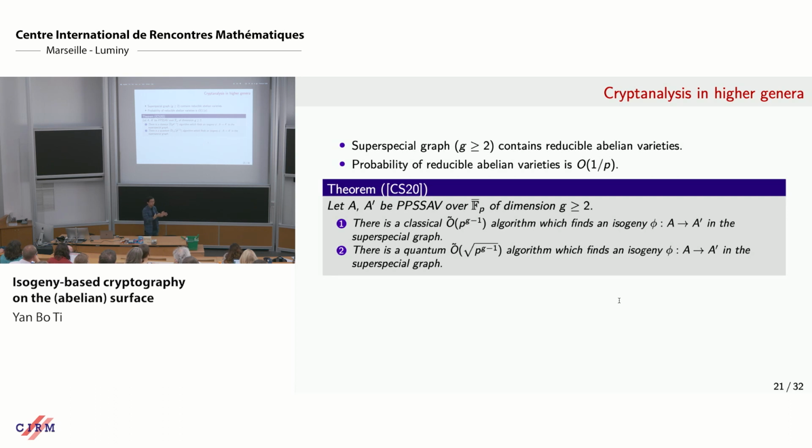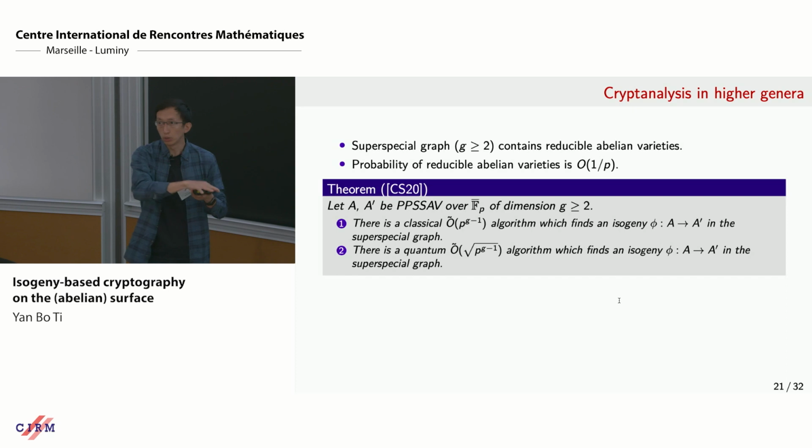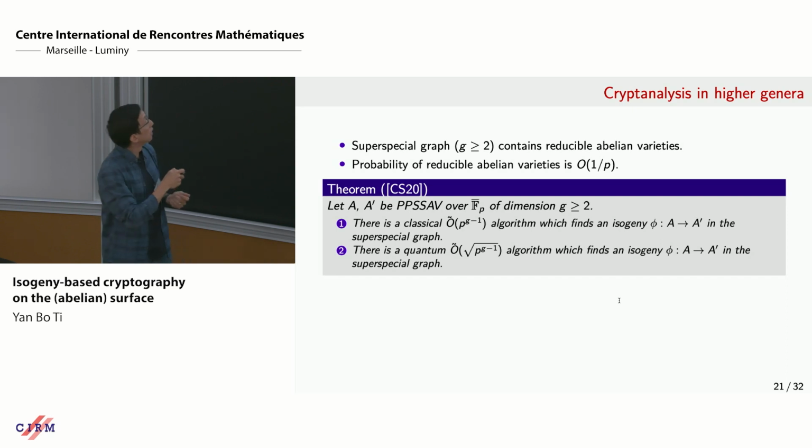These reducible vertices become special points that they try to find, and they're able to iteratively find reducible varieties, such that you obtain a classical algorithm that performs much better than a square root of p.